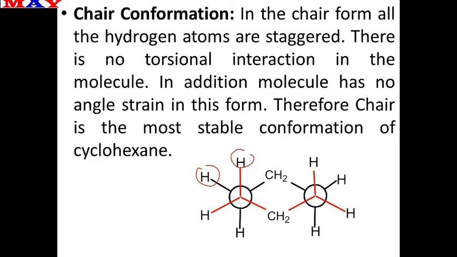So in this structure there is no torsional interaction and no angle strain. Therefore, chair is the most stable conformational form of cyclohexane, and its potential energy is almost equal to 0.